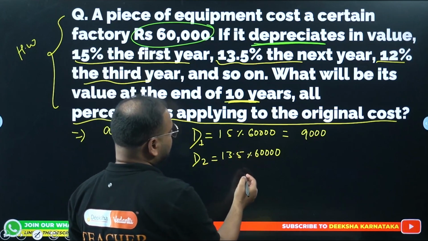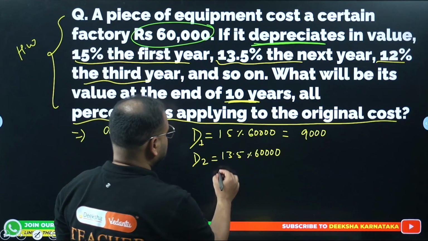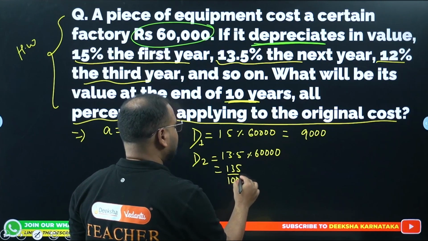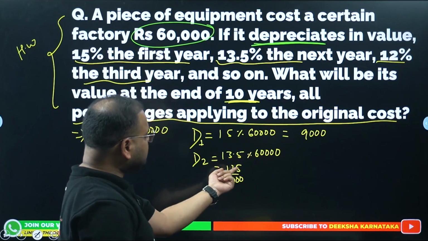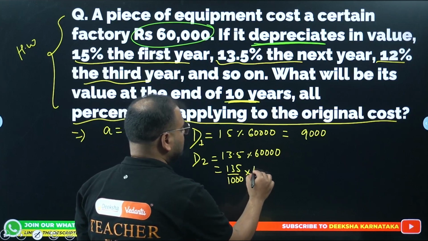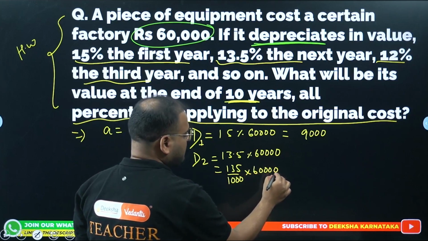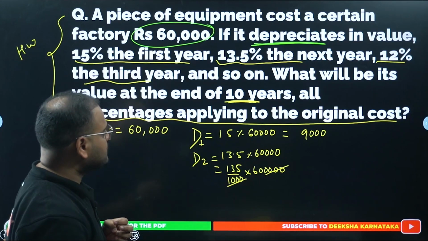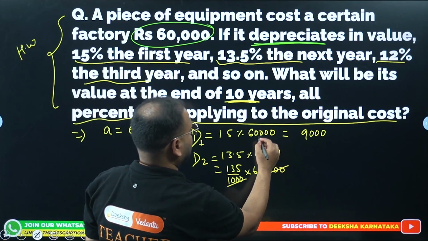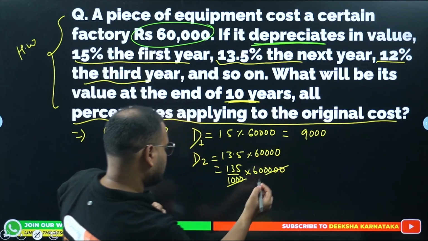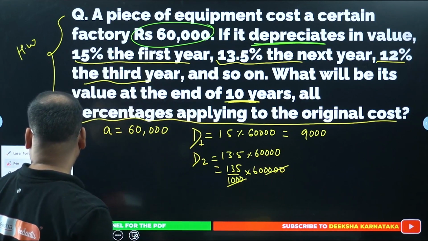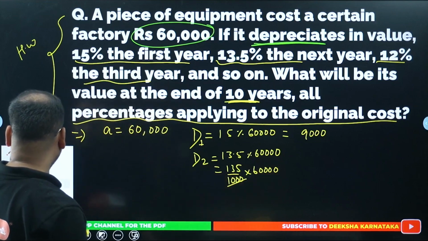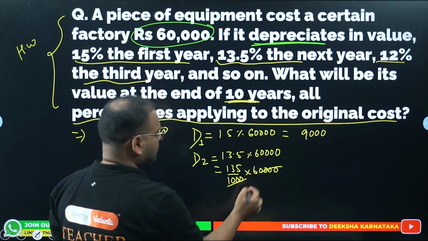If you want to simplify, 13.5 by 100 becomes 135 by 1000, into 60,000. Cancel 3 zeros, so 60 is left.